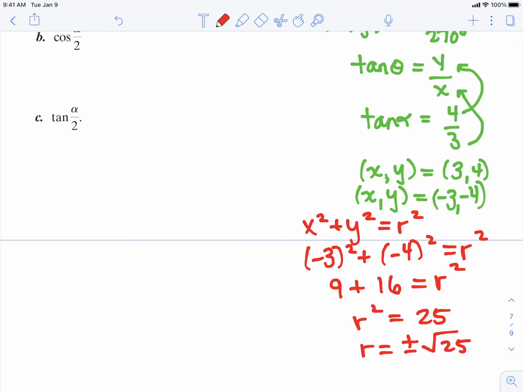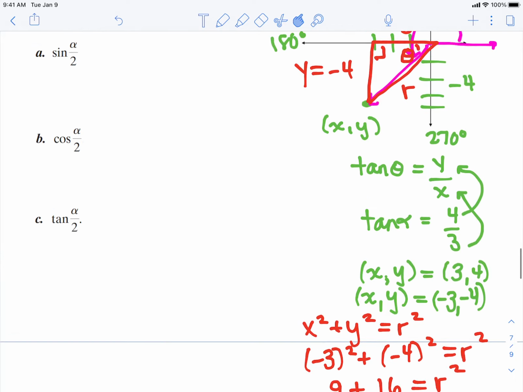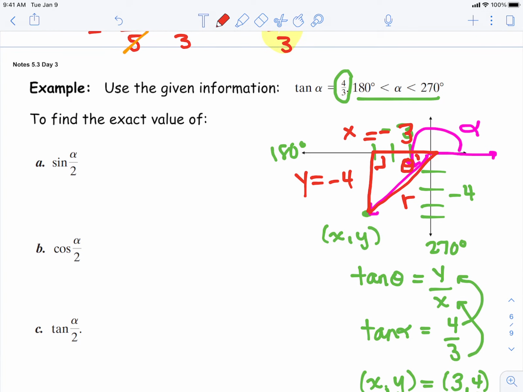In this triangle, you cannot have a radius that is a negative. So you're only going to have +5. So we're going to go up to our triangle and label that distance from the center out to that point being a distance of 5.